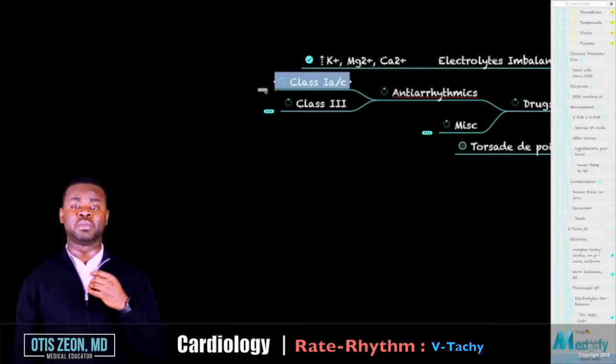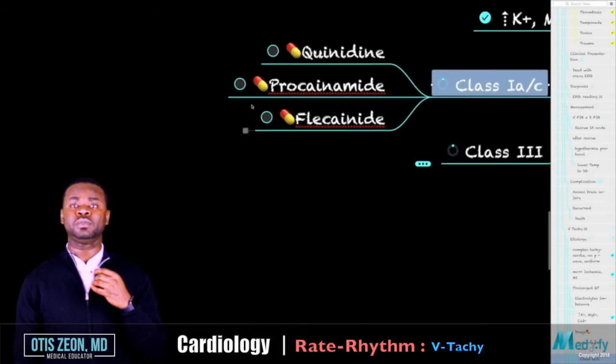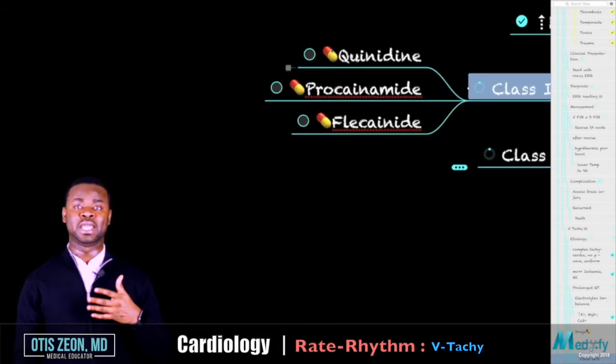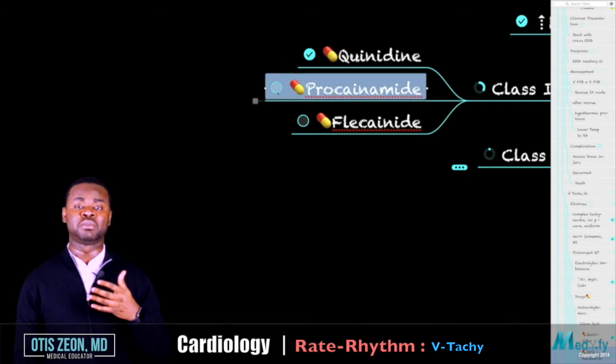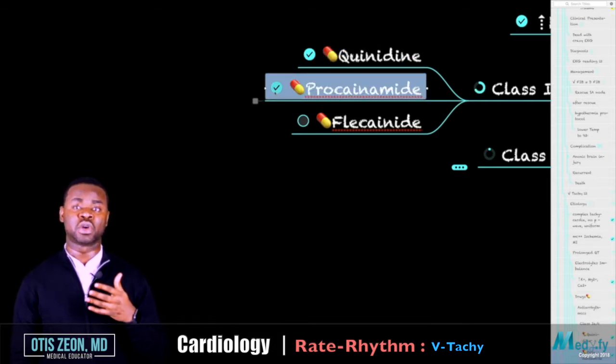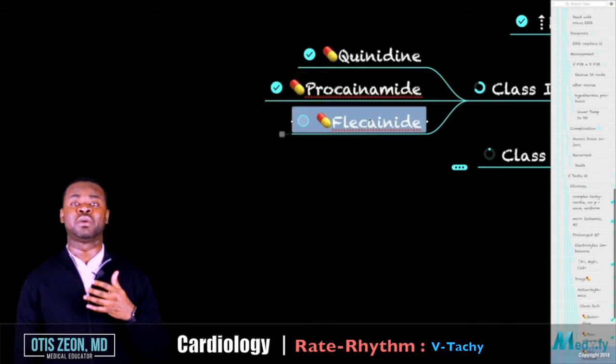Let's talk about class 1A, the most common drugs. Quinidine. Quinidine is a class 1A antiarrhythmic drug, which is a sodium channel blocker, and it most frequently can cause prolongation of the QT interval. You have procainamide. Procainamide is also part of the class 1A drugs, can cause prolonged QT interval, and you have flecainide, which is part of the class 1C drugs that may cause prolonged QT interval.